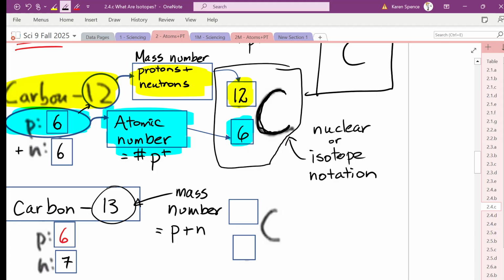And that's when we put the numbers. Do we put the numbers on the left or the right? We put the numbers on the left of the symbol. Which number goes on top, the bigger number or the smaller number? The bigger number goes on the top.